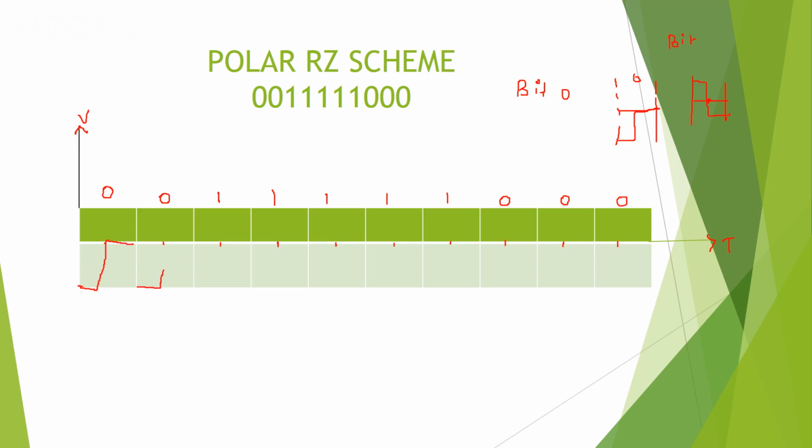The next bit is also bit 0, bit 1, the next bit is also 1, 1, the next bit is bit 0, the next bit is also 0, the next bit is also 0. So next we have to join the signal elements.